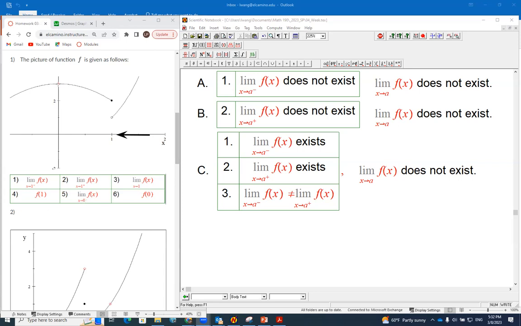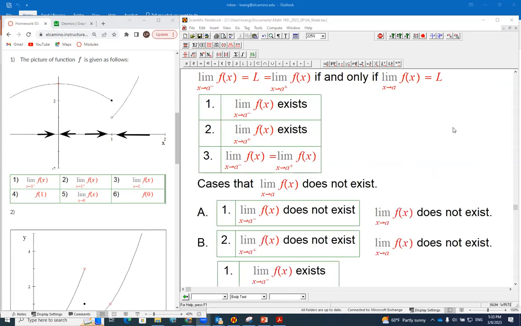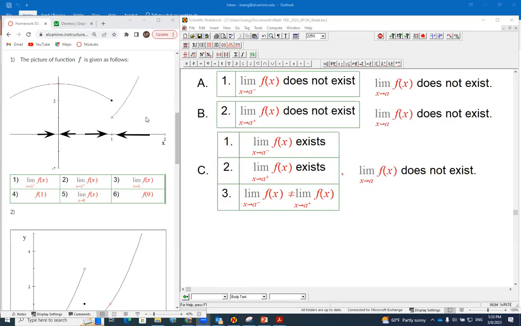At 0, when x is approaching 0, the limit is 1, whether you do it from the left side or the right side. So at 0, both sides have the same limit, and you can use this theorem to demonstrate that. We did that example in class, so I'm going quickly by it.